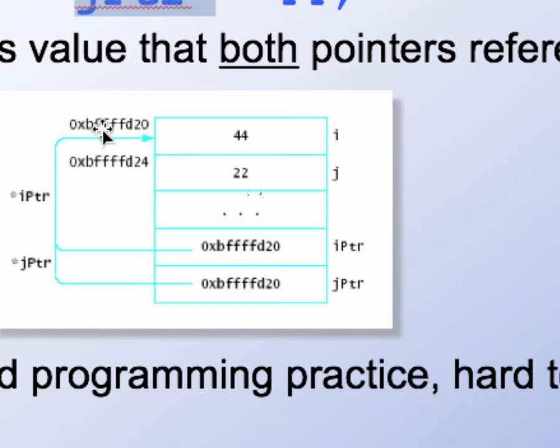So there are many memory slots in memory. This is one of them. Notice how the memory addresses are offset by 4. There's variable I and there's variable J. That is the case when you have a data type which takes up 4 bytes of memory. For example, integers take up 4 bytes of memory.